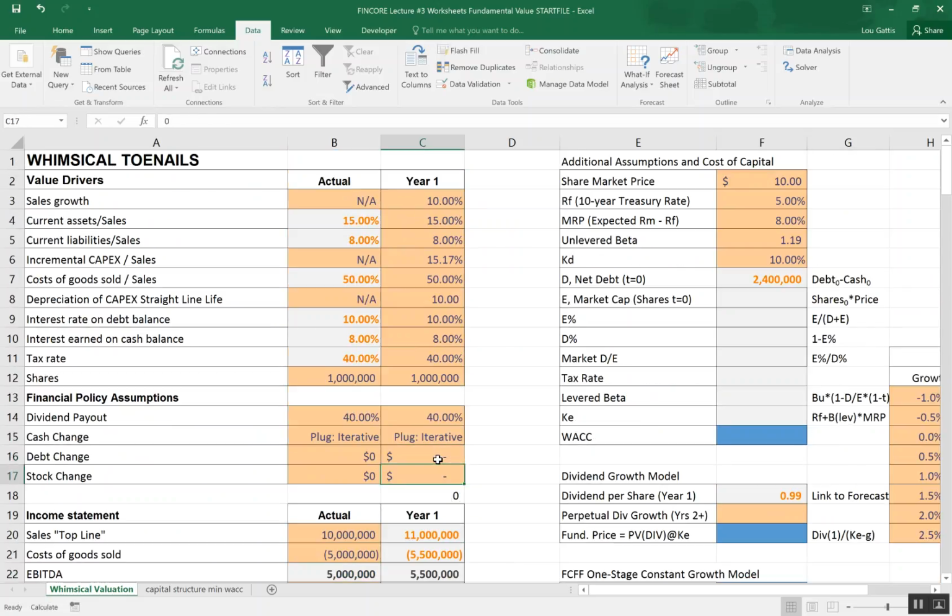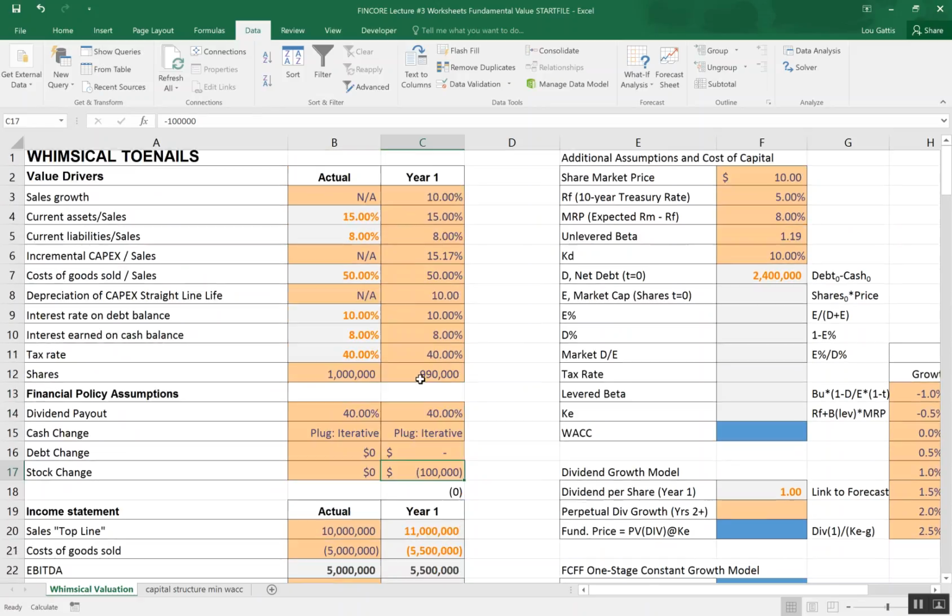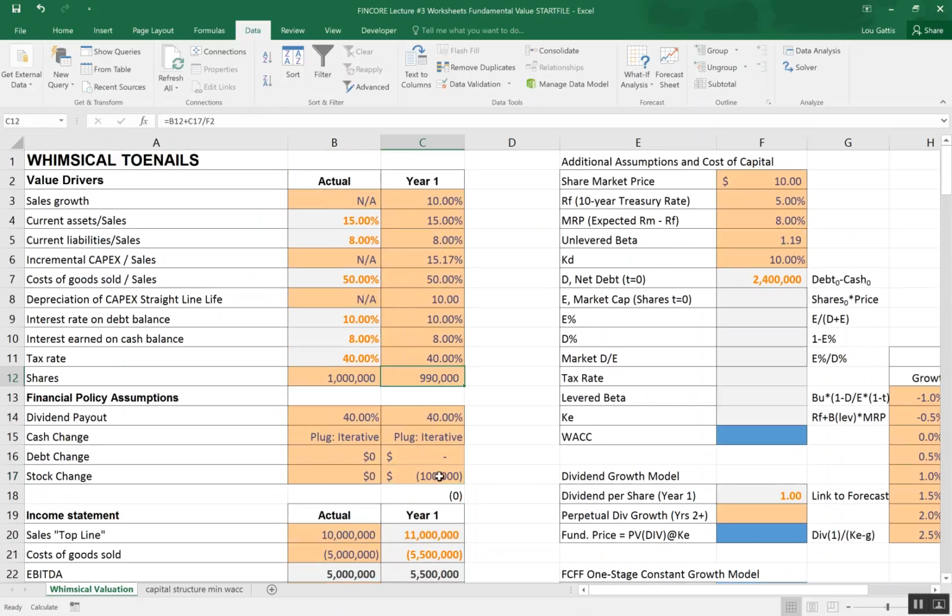Or I could reduce equity by, say, $100,000. If I do that, notice I have a formula built in here that if I buy back $100,000 worth of stock, I have an assumption that the stock price is $10 per share. The shares shrink by 10,000 shares.